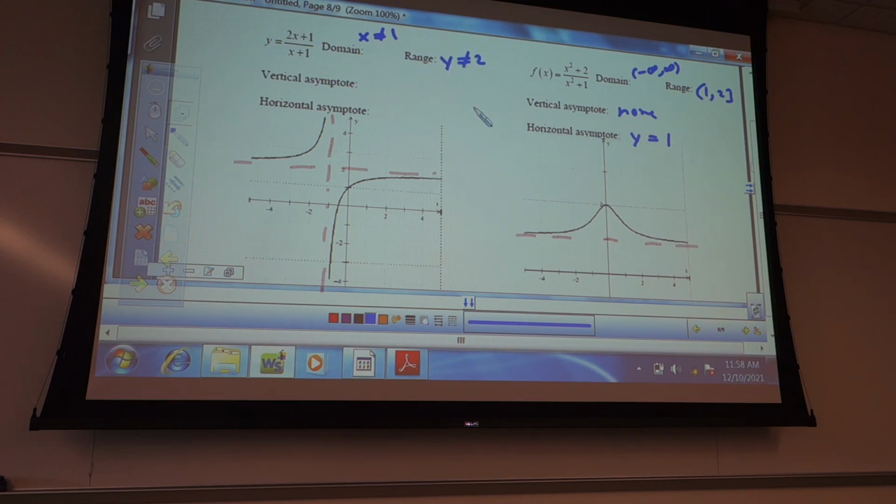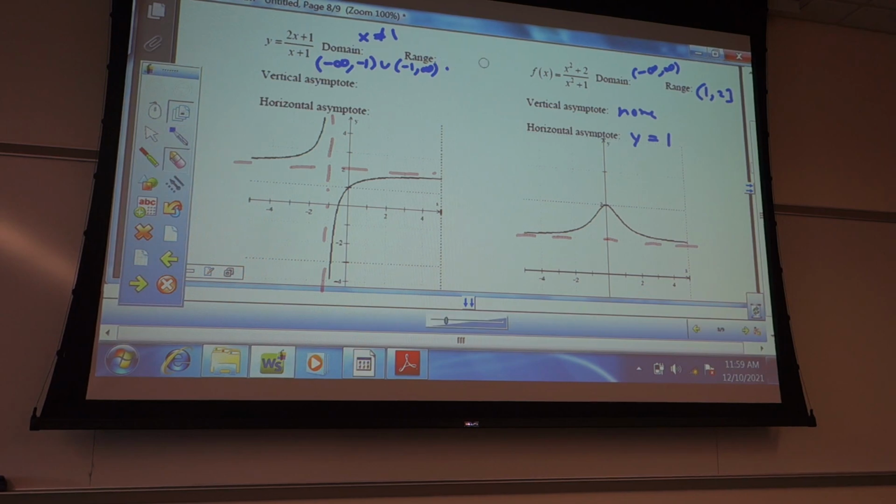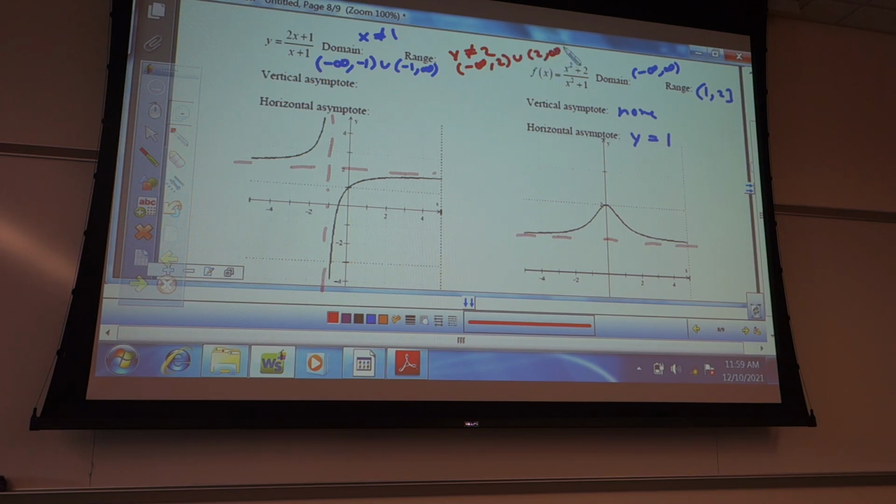If you did negative infinity to -1, union with -1 to positive infinity, you can totally do that also. That's the same thing. And for the range, you could say y can't be 2, or you could say from negative infinity to 2, union with from 2 to positive infinity. That is also totally acceptable.